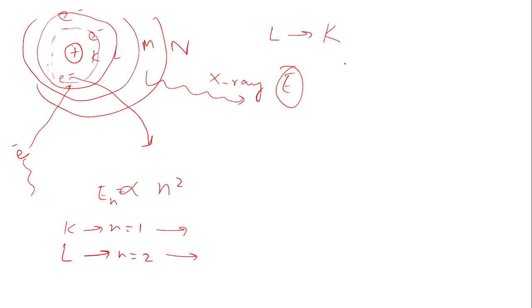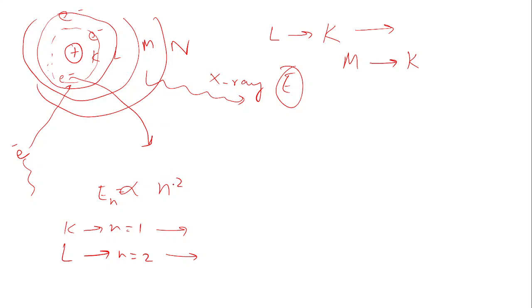Say the electron comes and hits the K shell, and the K shell electron goes out, and due to some reason instead of an L electron, an M electron comes and goes to the K shell. So one thing, the kind of X-ray that comes out when an L electron fills the K shell differs, because all these have different energy gaps.